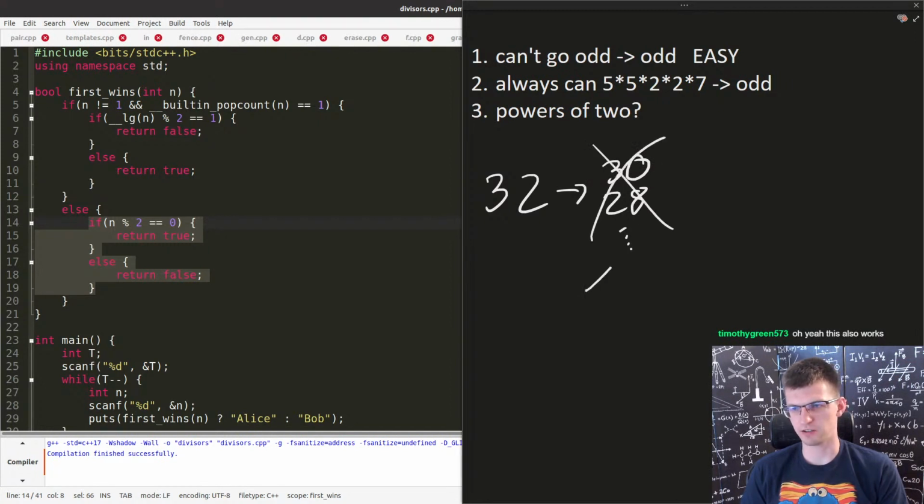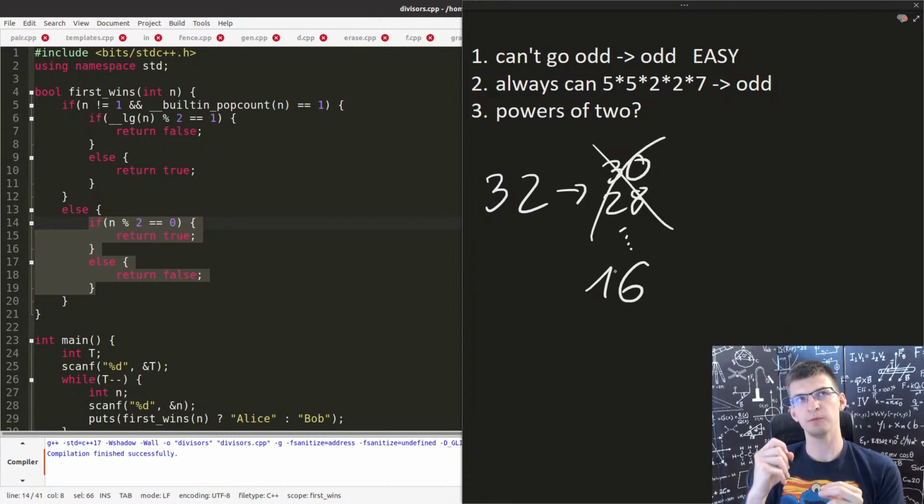You don't want that. The only good move you can make is to subtract 16 to get the smaller power of 2. So starting from any power of 2, the only reasonable move where you can hope that it works is to go to the next power of 2.